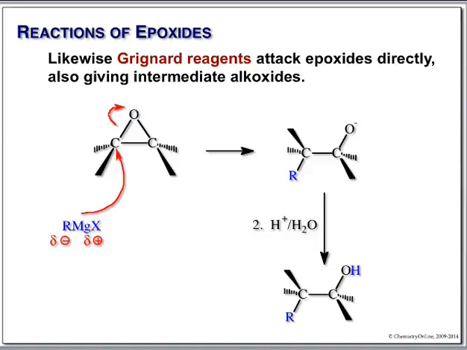This guy used to be the oxirane and is now an alcohol. These carbons here used to be the epoxide or oxirane. The stuff in blue here is what we've added: the Grignard reagent and the hydrogen from the workup.